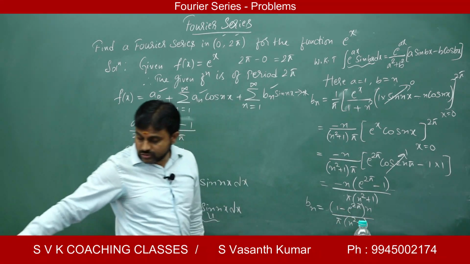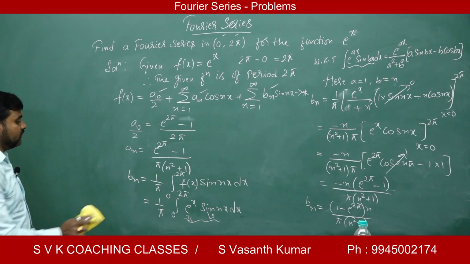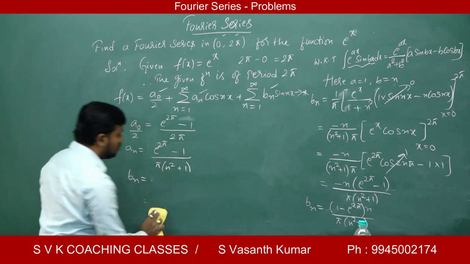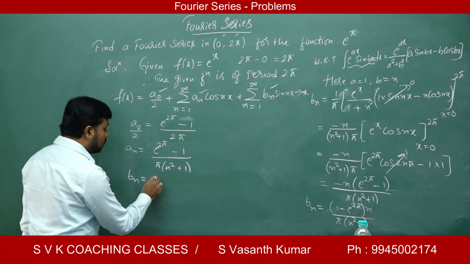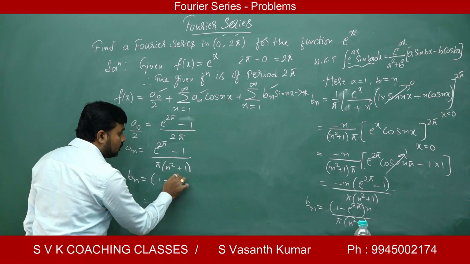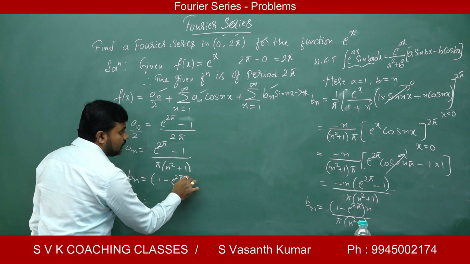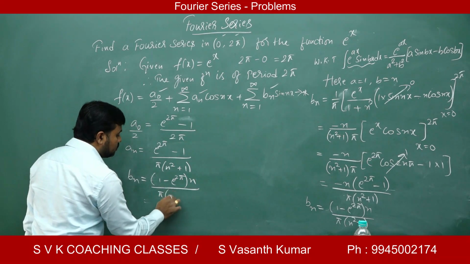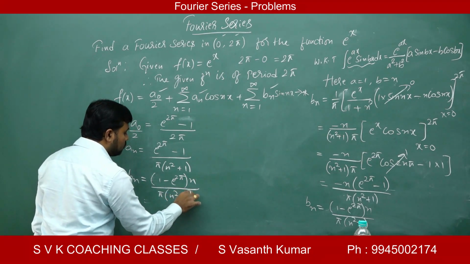So note down the value of bn. bn is 1 minus e power 2 pi into n divided by pi into n square plus 1.